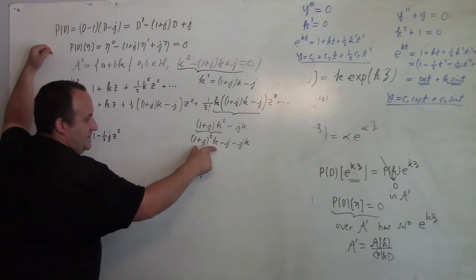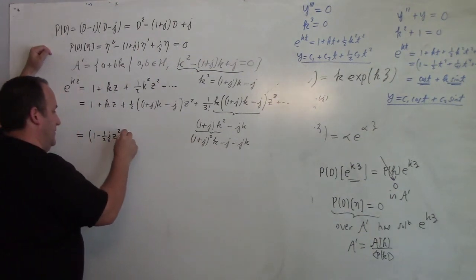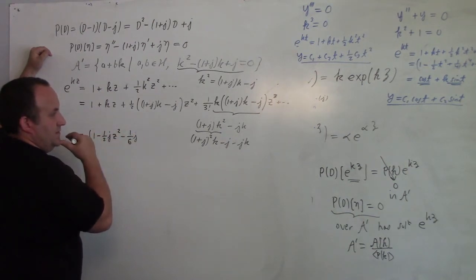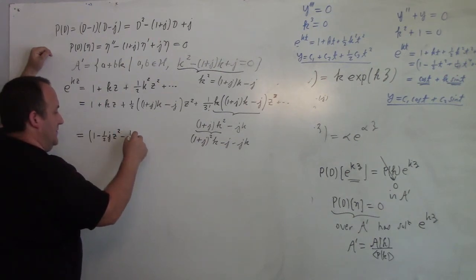Looks like it's just that. Yeah. Plus 1/6 j? Or minus? I think it's minus. It's j z cubed, you know.